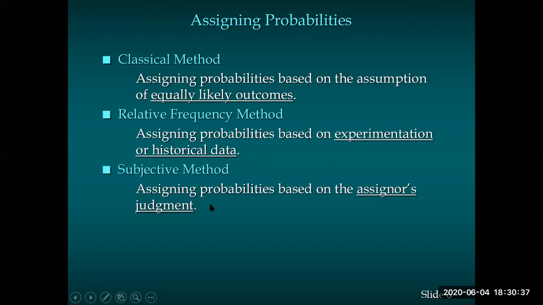The third is the subjective method. This is also called the Bayesian approach to probability. In this, historical data and common sense both are used. The judgment is also used in computing probabilities. So human judgment or human intuition, a human's understanding of a situation, plays a vital role in giving probabilities in the subjective method.